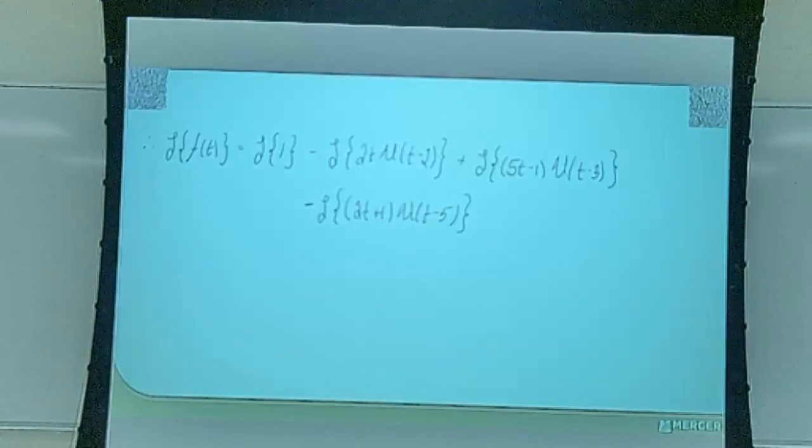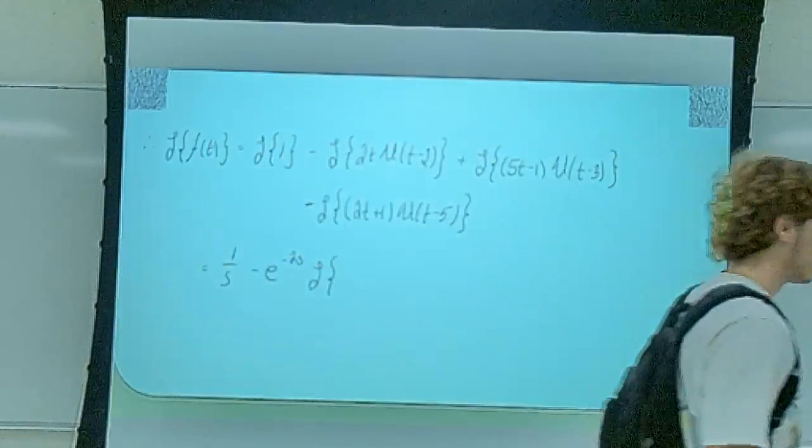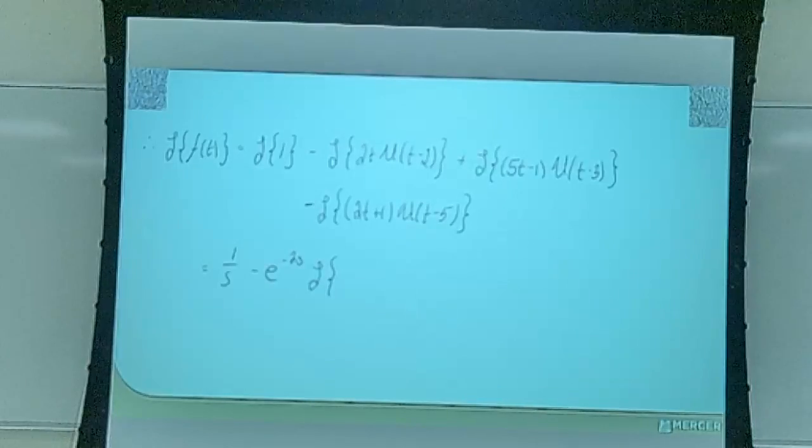U of t minus 5. Transform of 1 is easy. Minus. Tau in that first case is 2, right? Since tau is 2, replace t with t minus 2. That's what we're now taking the transform of, right? 2t minus 4.